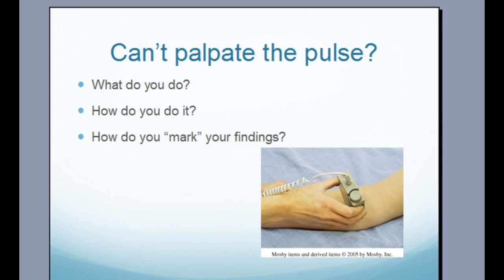When we're unable to palpate the pulse, we get an ultrasound machine, or what we call a little small Doppler, and we put it over the area where normally our fingers would be to assess and to hear the noise for the pulse. And if you don't know how to do it, we can always ask the nurses that are there to show us how to do it.